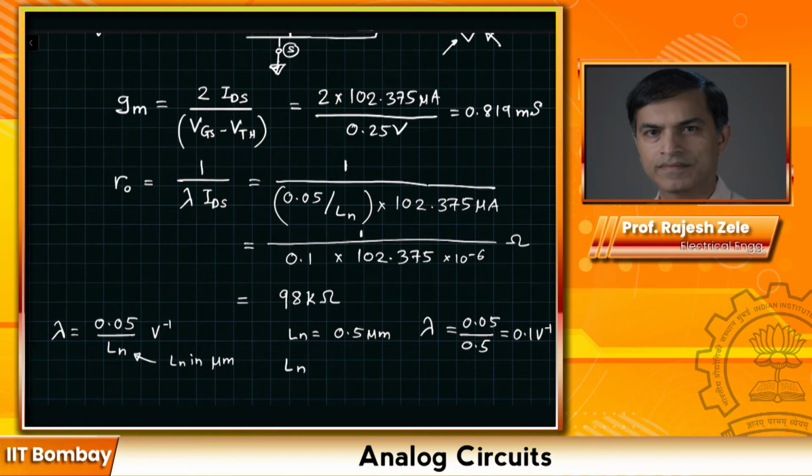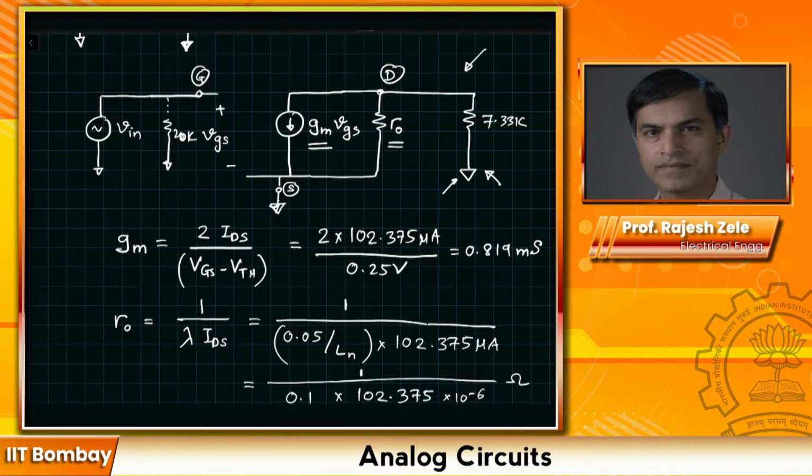If we chose ln of 2 microns, then lambda will be equal to 0.05 divided by 2, and that would be equal to 0.025 volts to the power minus 1.